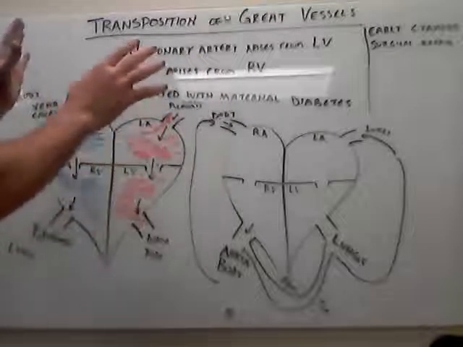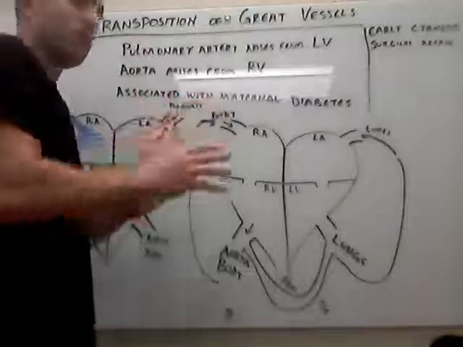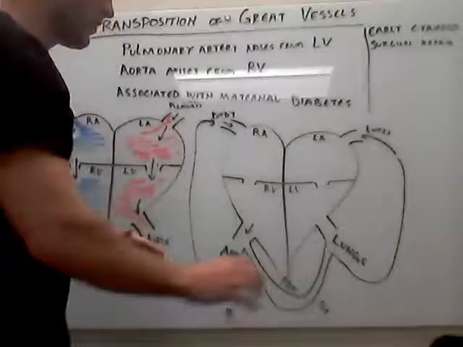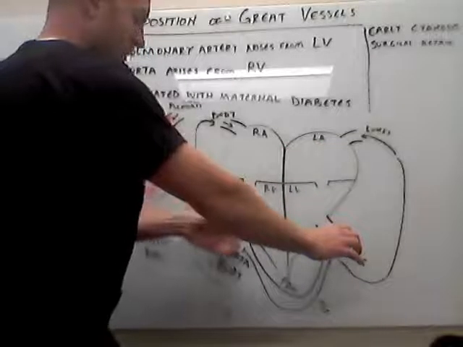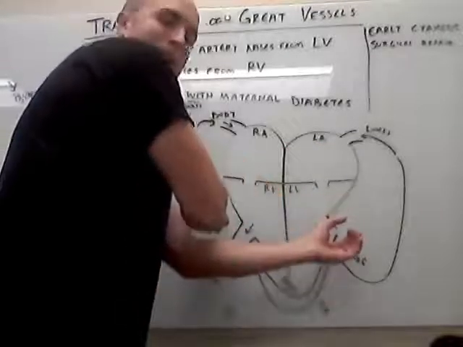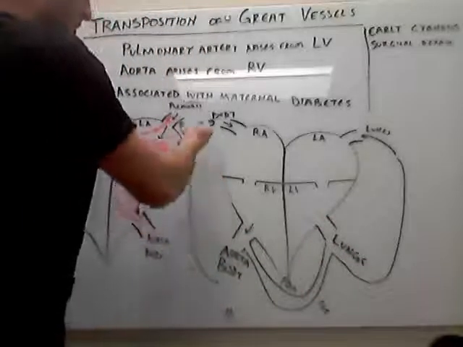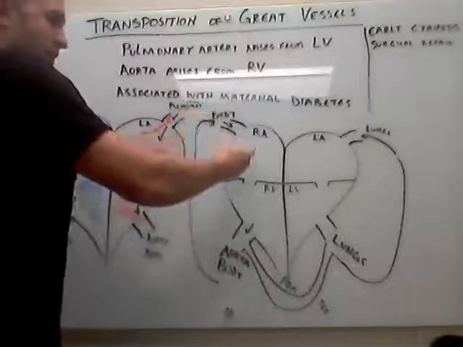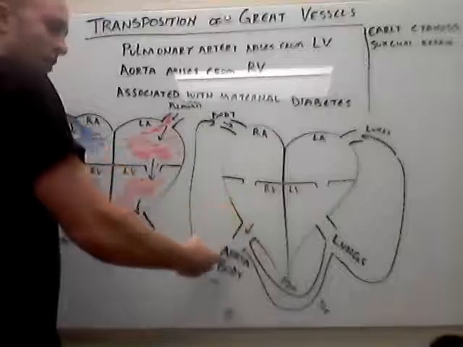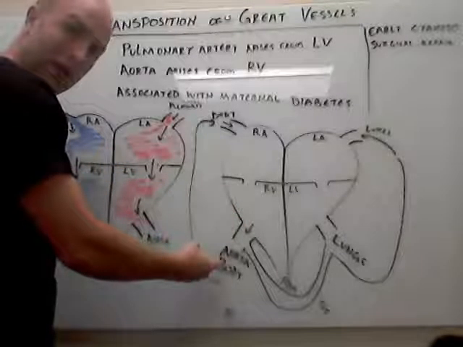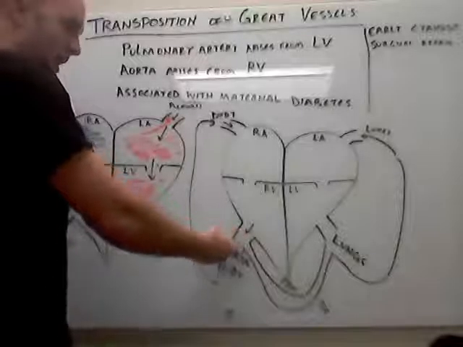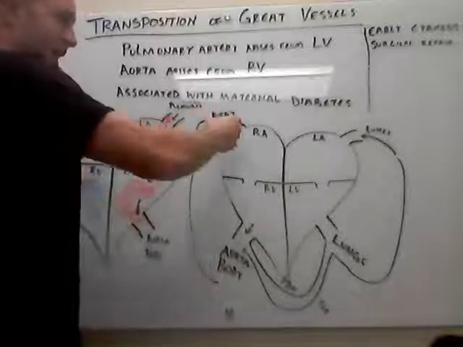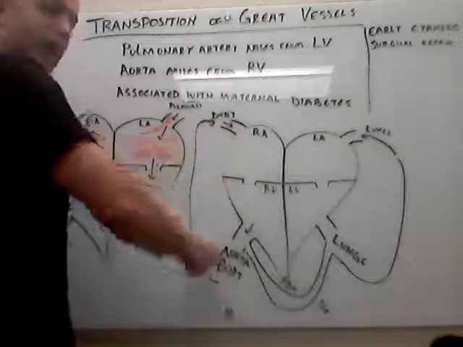Now, in the case of a transposition of great vessels, we take this vessel here, we take this vessel here, and we swap them. So now, blood comes from the body into the right atrium, down the right ventricle, and goes out through the aorta instead of the pulmonary trunk, back into the body, and just makes this loop, okay?